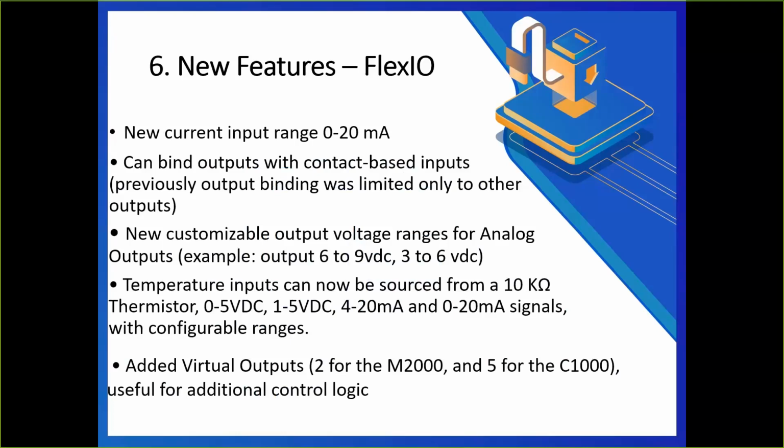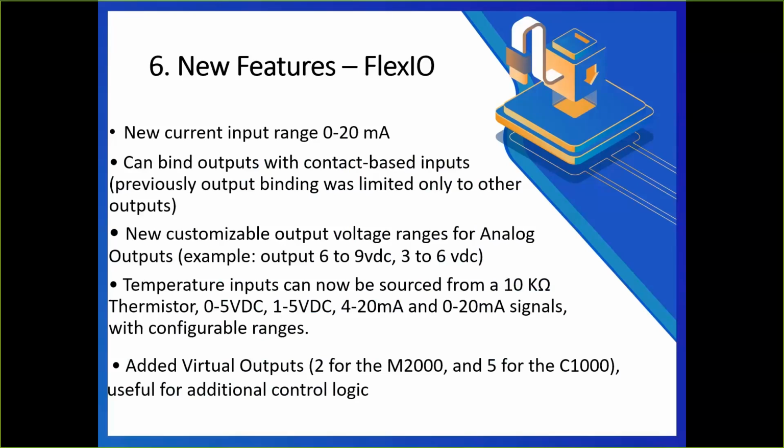I can now bind directly to a contact-based input. We also now have customizable analog outputs. So we can create weird analog output ranges, 6 to 9 volts, 3 to 6 volts, stuff that doesn't fit into a 0 to 10, 2 to 10, 0 to 5, 1 to 5, those types of outputs.